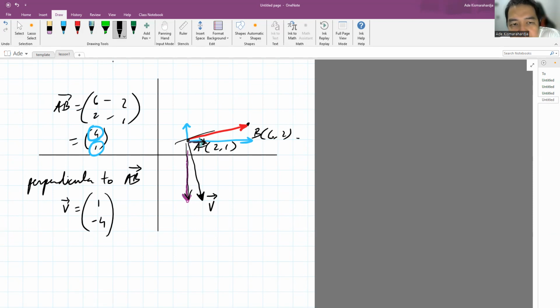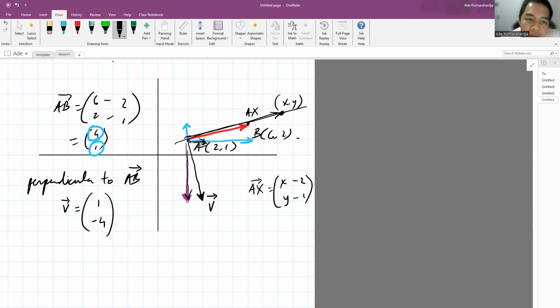As you know, we have a straight line like before, and there is a vector named AX from A to that point. So it was x, y minus 1. Now, if you look at AX, that's pointing in the same direction as AB. And V is perpendicular to AB.